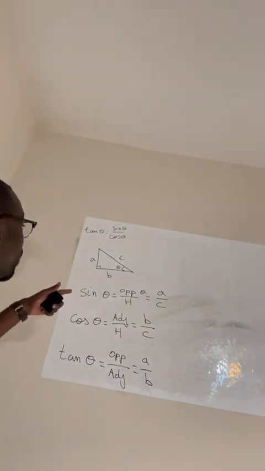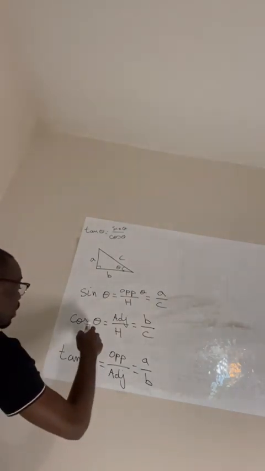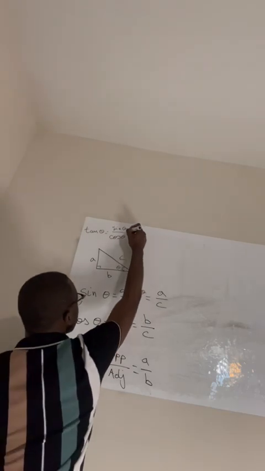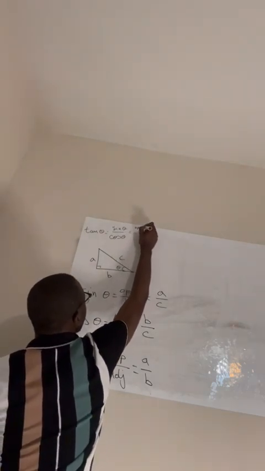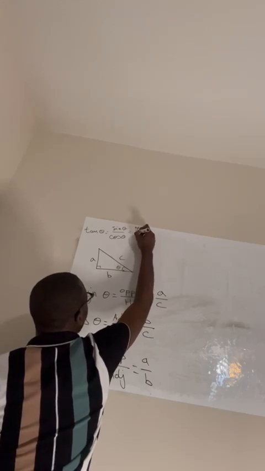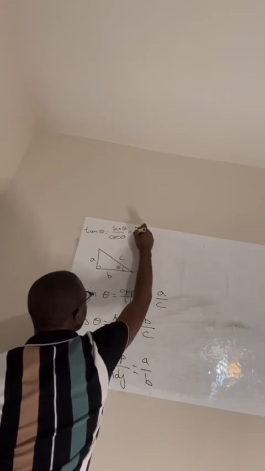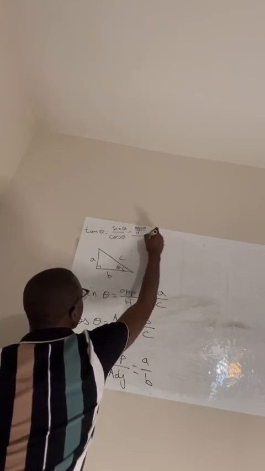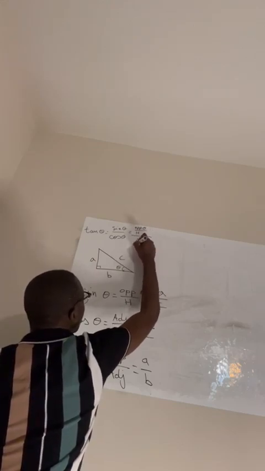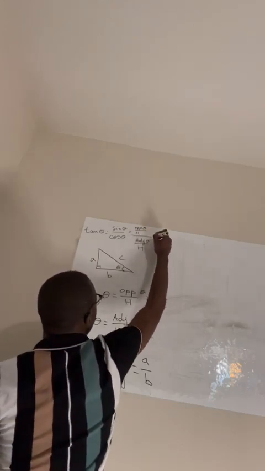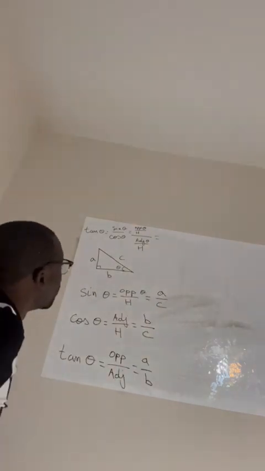But as we saw earlier, what is sine of theta? Sine of theta is opposite of theta over hypotenuse, divided by adjacent of theta over hypotenuse. Oh, I have two fractions here.